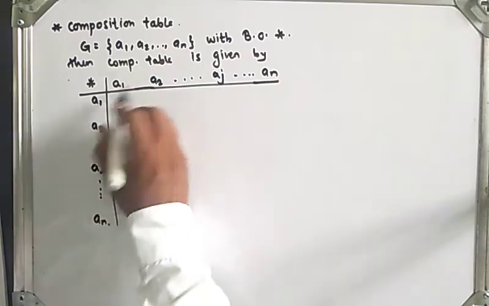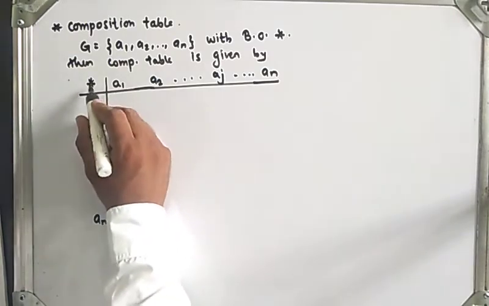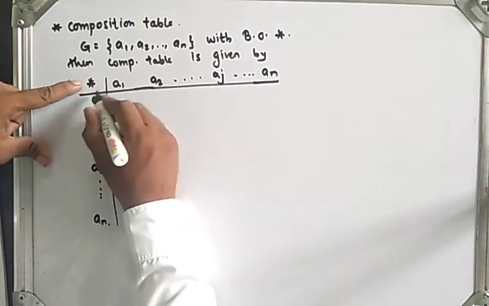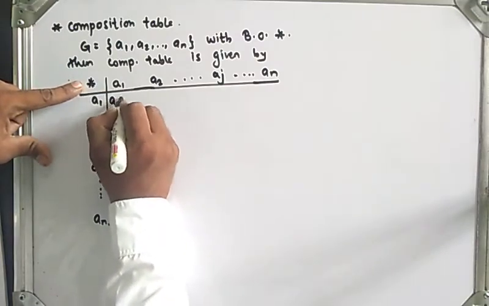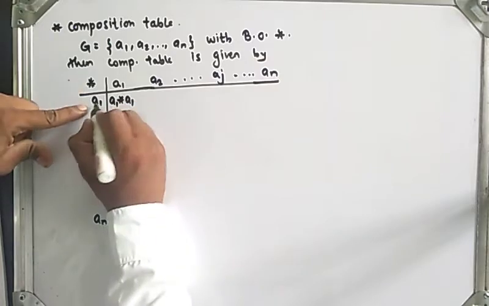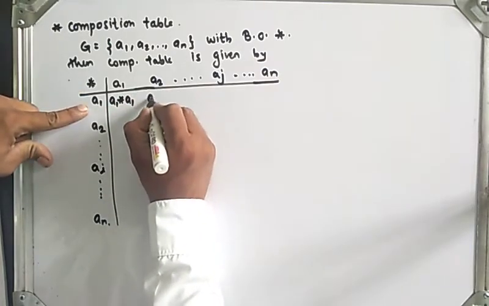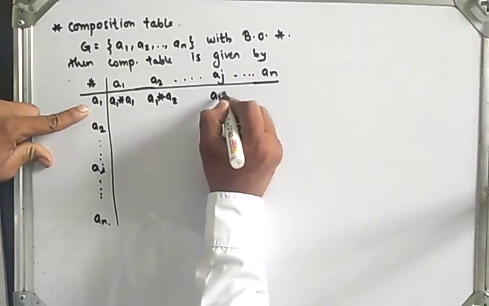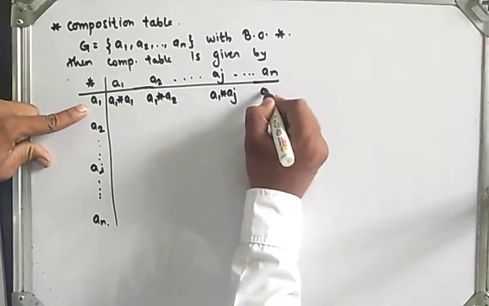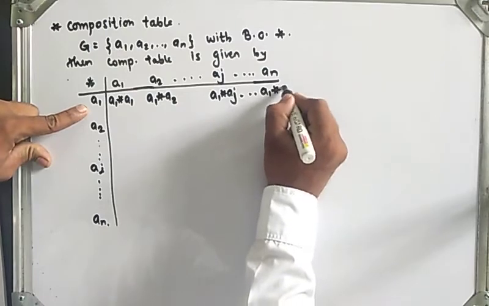So in the composition table, the operation is star, then a1 applied star on a1, we will get a1 star a1, a1 star a2, here a1 star aj, and here a1 star an.